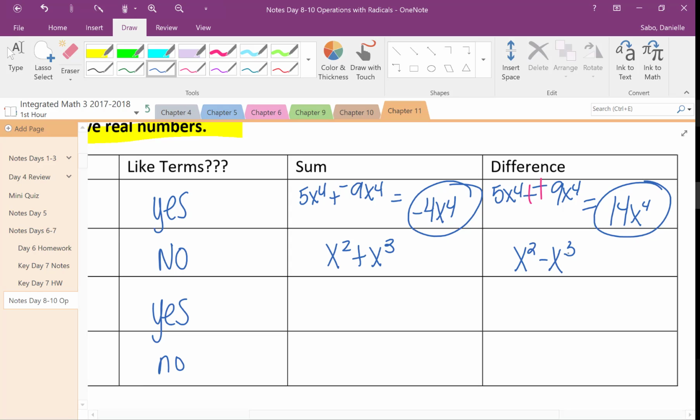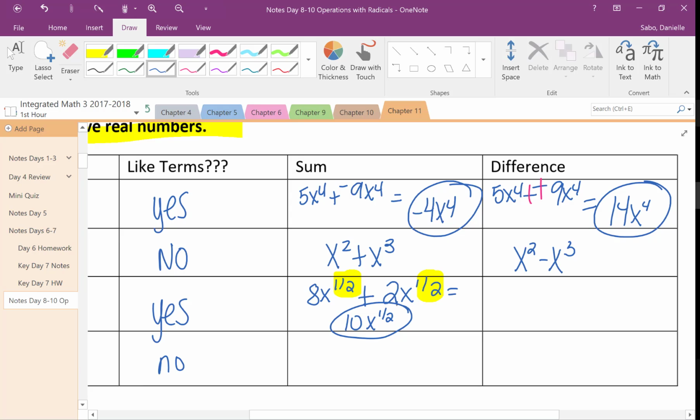Okay. This one, remember, they are like terms, so we have 8x to the 1/2 plus 2x to the 1/2. Again, they're like terms because these are exactly the same in the power. What would be my sum here? 10x to the 1/2.